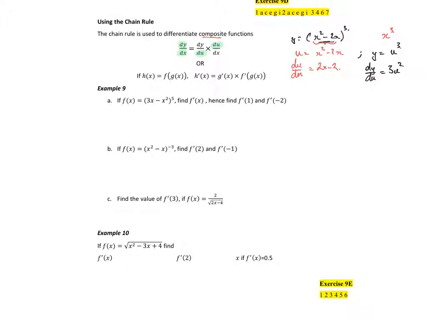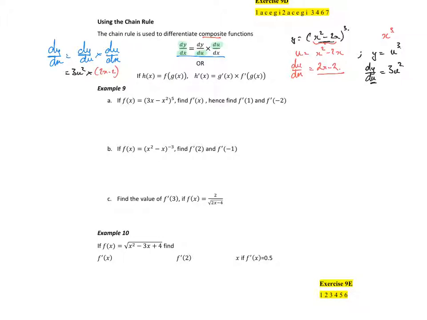Then what our chain rule says is that the actual derivative dy dx is the derivative of y with respect to u times the derivative of u with respect to x. Now, dy du is 3u squared times du dx, which is 2x minus 2.